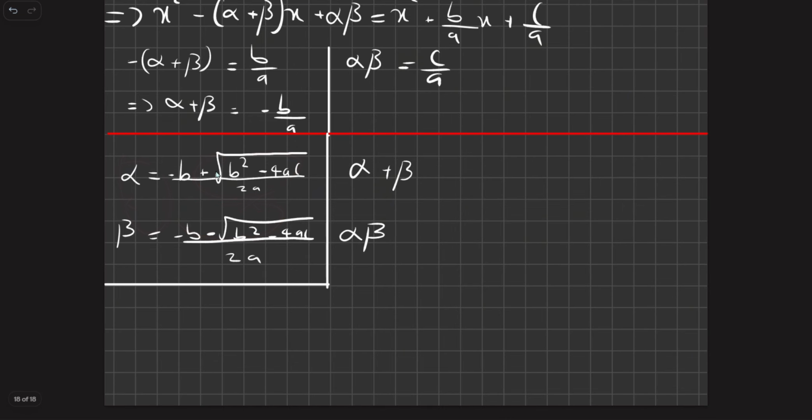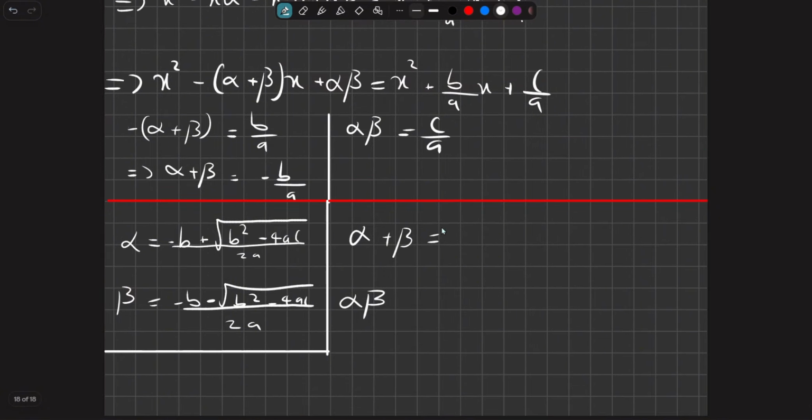So alpha times beta is equal to the two right-hand sides multiplied together. Now if you do this in your own time, you'll get alpha plus beta is equal to negative b over a when you do some basic algebraic work, and alpha times beta is equal to c over a. You can do this with this second method as well.